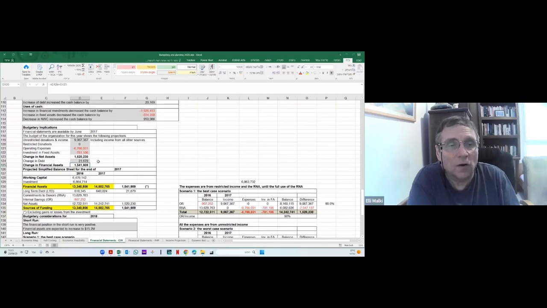Here it's a positive, so the expected change in financial assets here is 1.541.